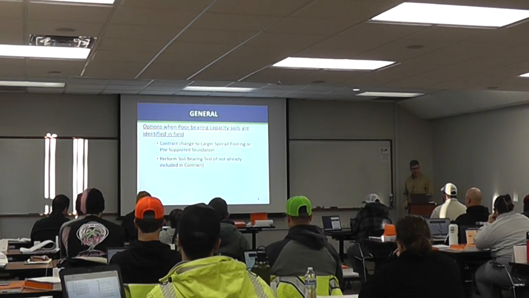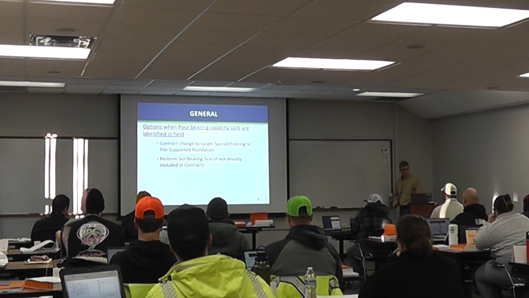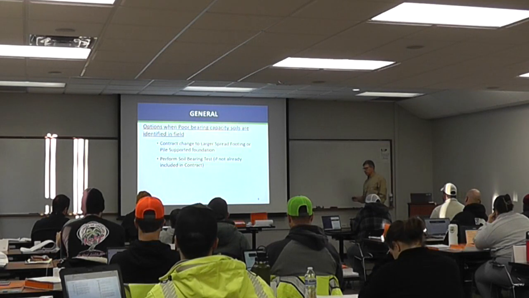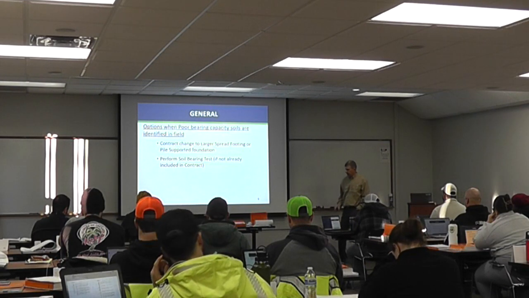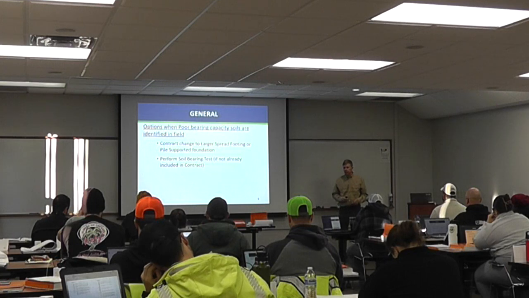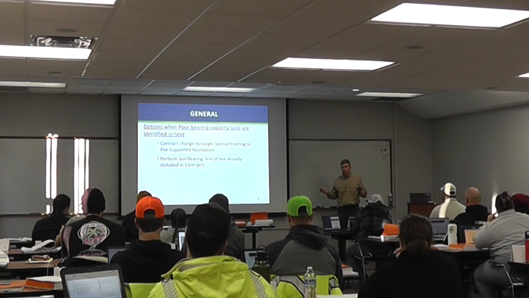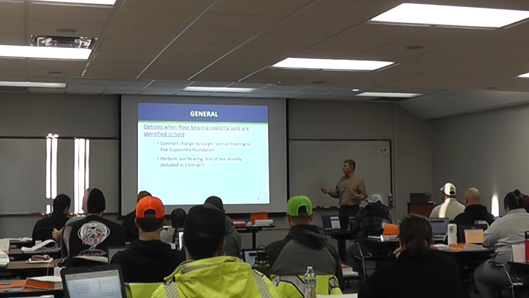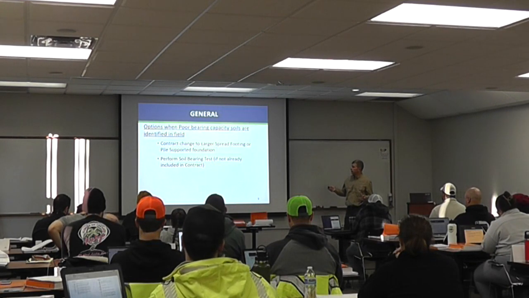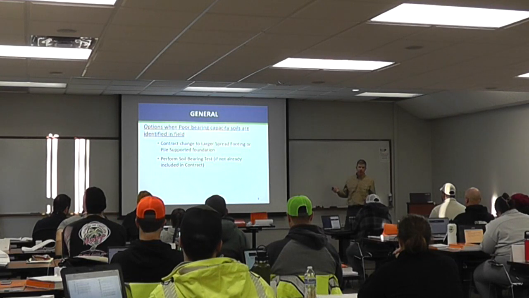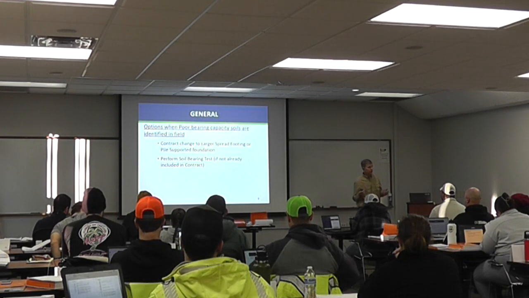So what kind of options do we have? If we think we're going to build a spread footing and it just doesn't seem to be working, the soils are too difficult, we always have the option to change to a pile supported footing, or you can go into a larger spread footing. Obviously, that's a change. It's going to take time.